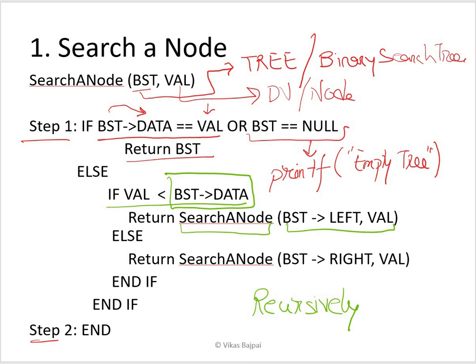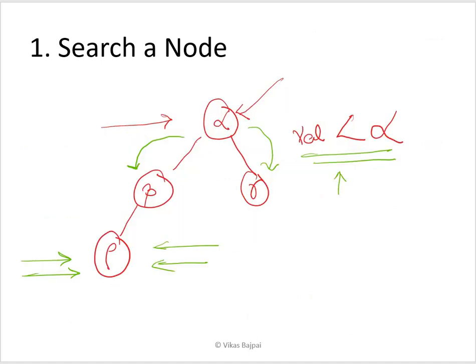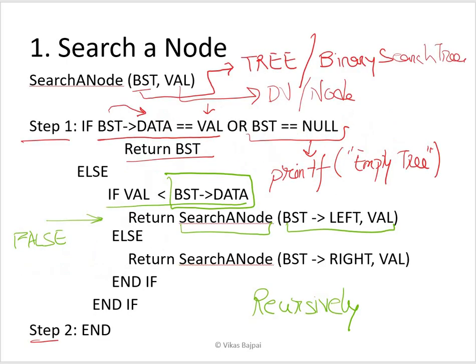Now if this particular thing holds false, then the only option I am left with is moving towards the right side, right? So now I'm going to move towards the right and try to identify whether this particular value is towards the right side or not. Once again, this operation is also done in recursive format.